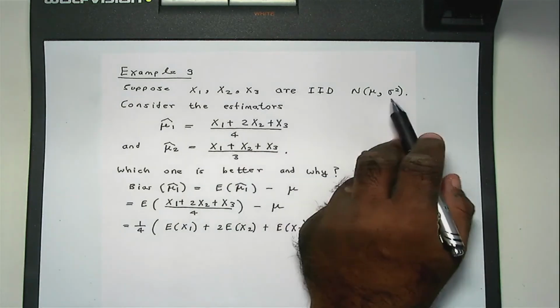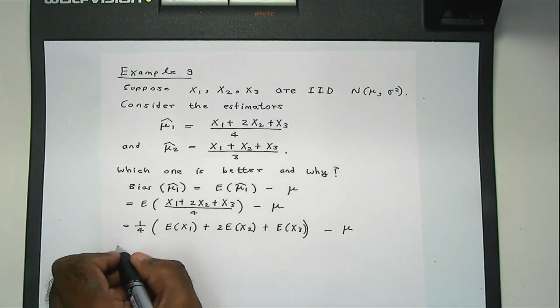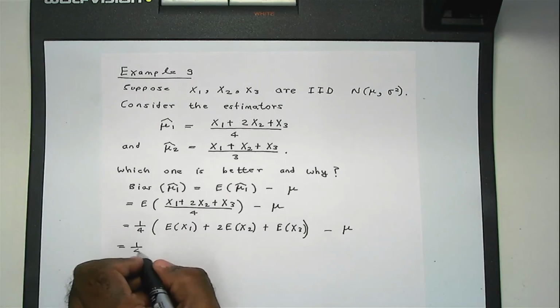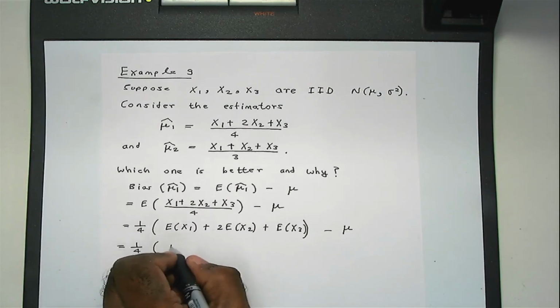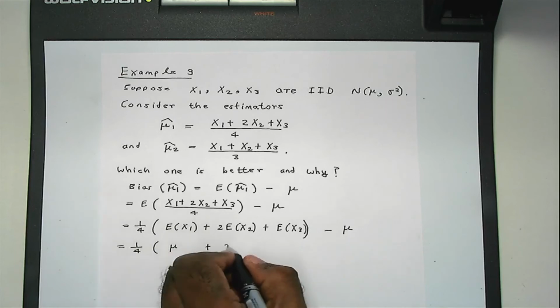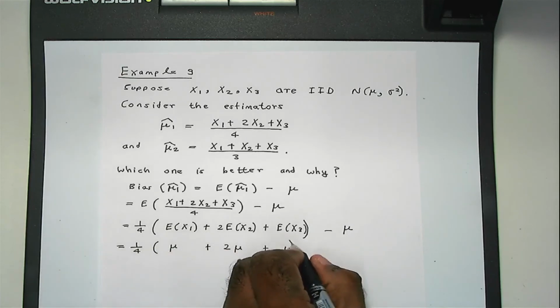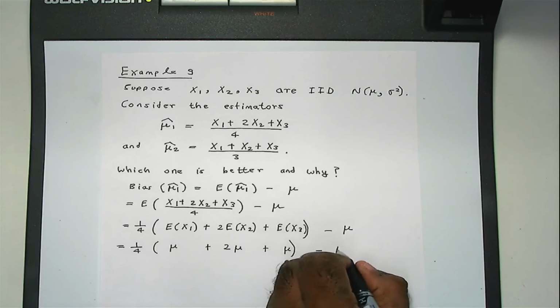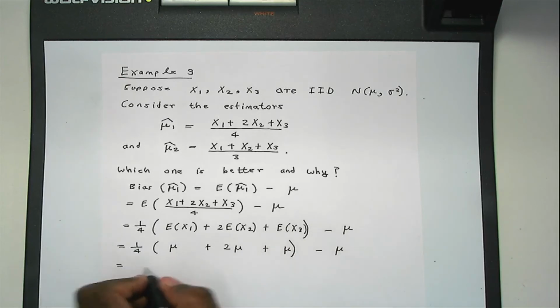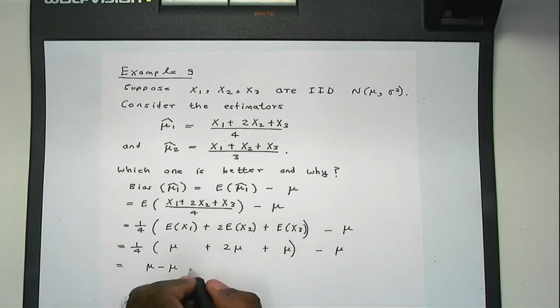So this will be a quarter of mu plus 2 mu plus mu, minus mu, which is equal to mu minus mu. So it's equal to 0. So the bias of the first estimator is 0, which is a good thing.